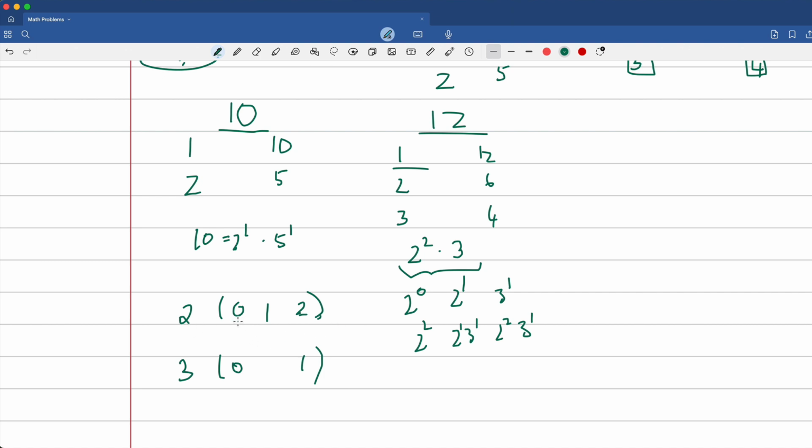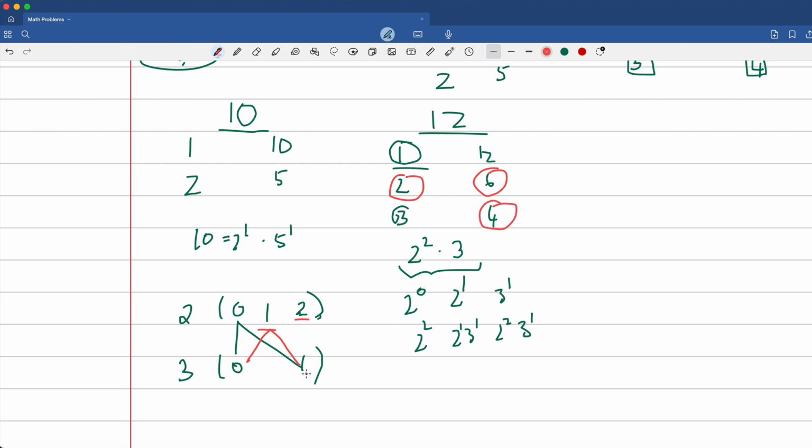So for instance, 2 power 0 into 3 power 0 gives you 1. 2 power 0 into 3 power 1 gives you 3. 2 power 1 times 3 power 0 gives you 2. Sorry, 2 power 1 into 3 power 1 gives you 6. 2 power 2 into 3 power 0 gives you 4.